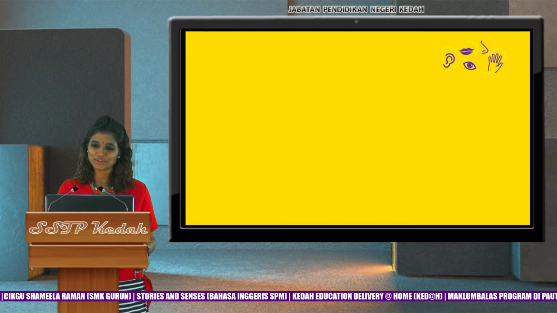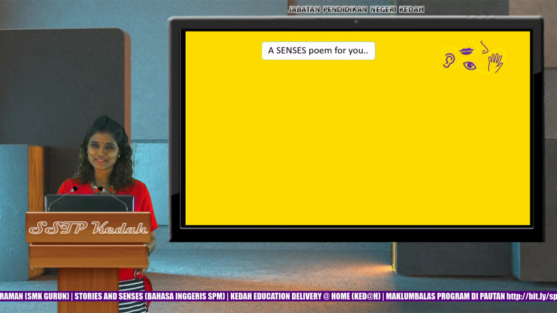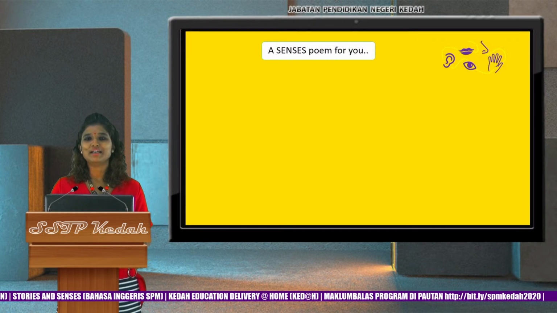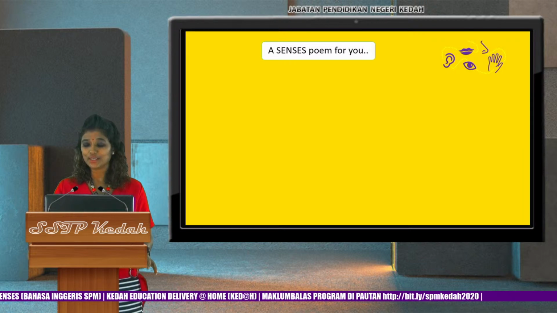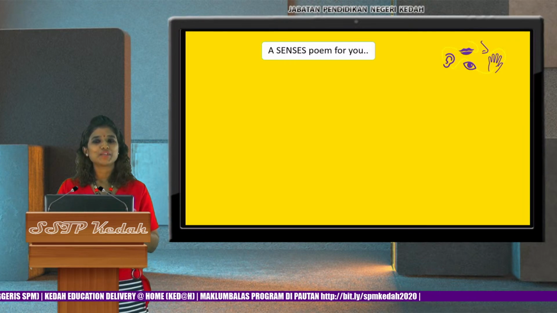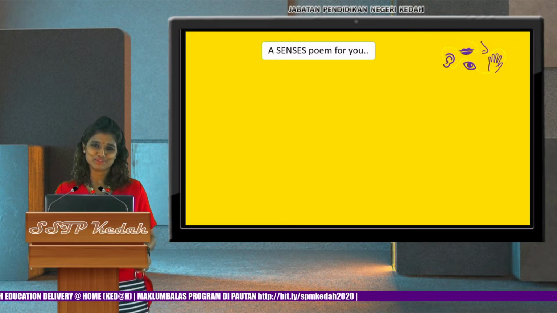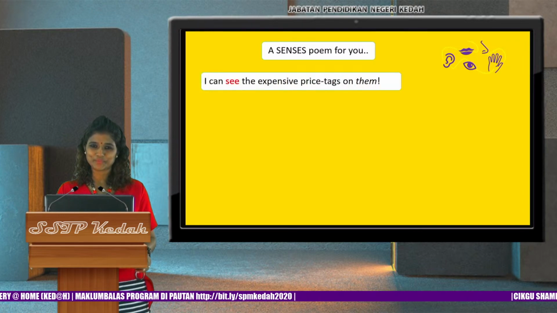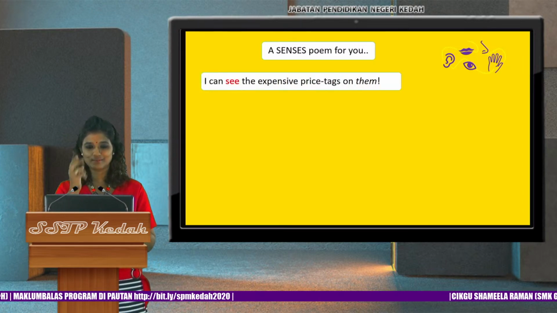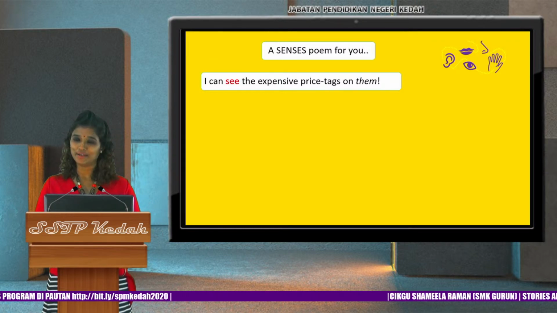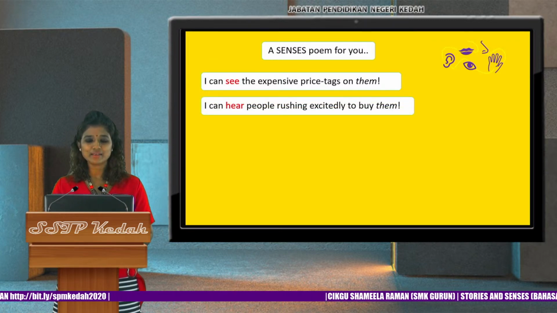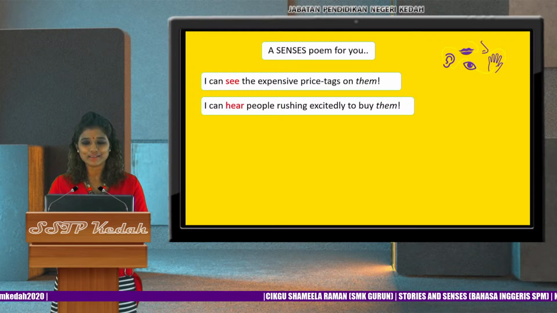Okay. Let's move on. I start with a sense form for you, where I've applied all the senses in words. The idea is, can you guess what am I trying to talk about? Okay, first line. I can see the expensive price tags on them. I can hear people rushing excitedly to buy them.